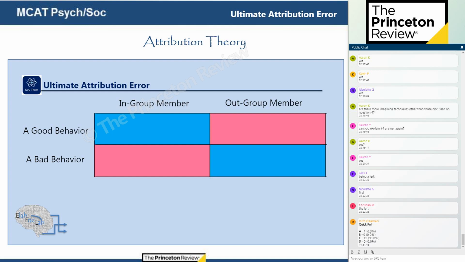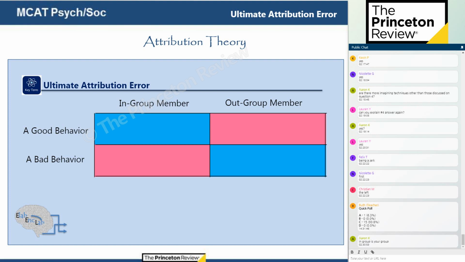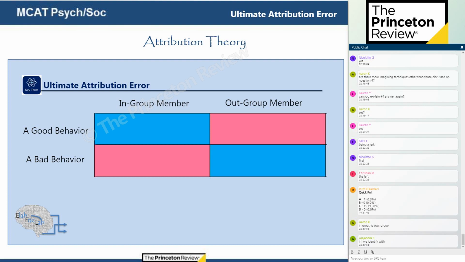So what's the difference between an in-group and an out-group? Yeah, in-group is your group. They're your peeps. And anybody who's not your peeps, that's part of the out-group.